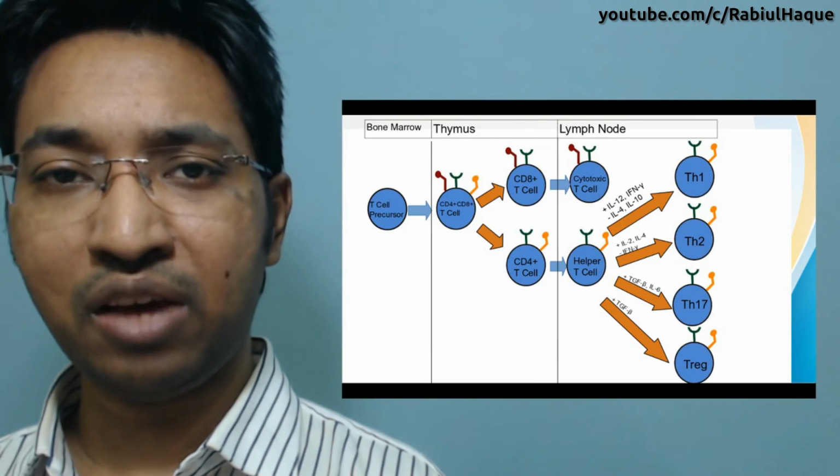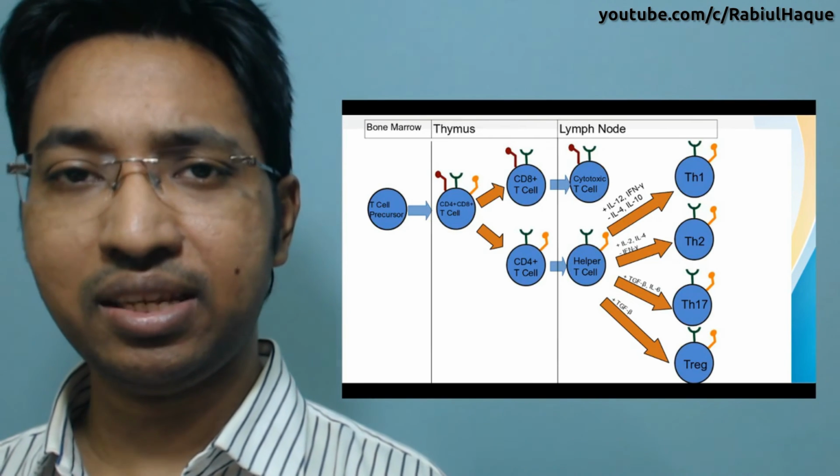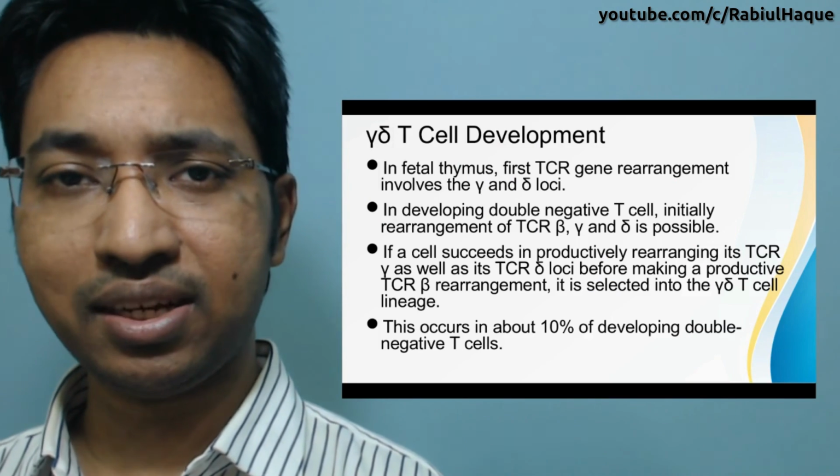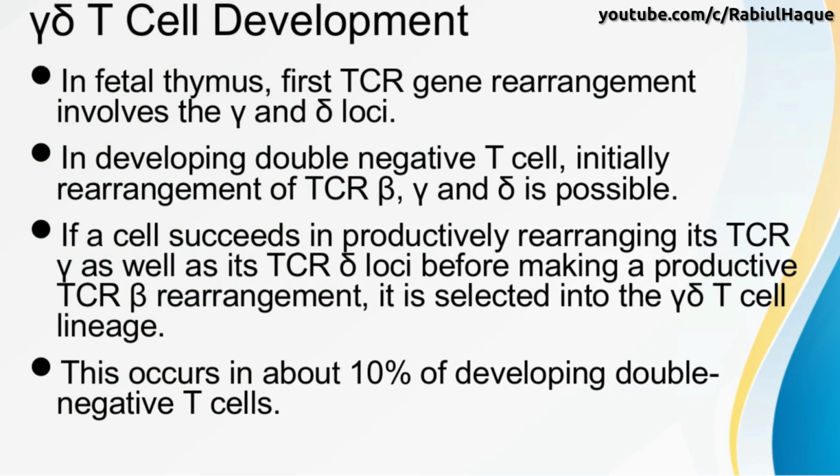So now that we have talked about alpha beta T cell development, let's move on and talk about gamma delta T cell development. In the fetal thymus, first T cell receptor gene rearrangement involves the gamma and delta loci. In developing double negative T cells, initially rearrangement of T cell receptor beta, gamma and delta is possible.